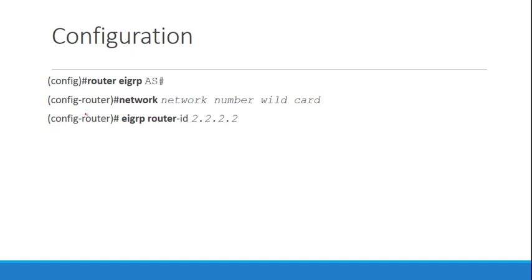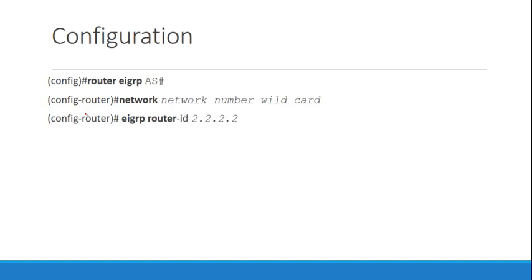We don't have to. It will find one because EIGRP has to use a router ID to identify the router in its EIGRP information that it exchanges. But I could configure a router ID using the EIGRP router ID command, and the form of the ID is the same as an IP address.